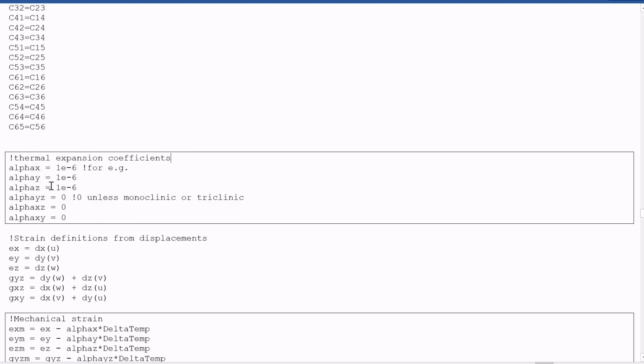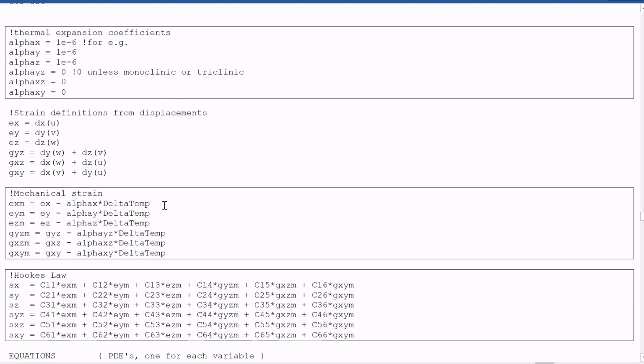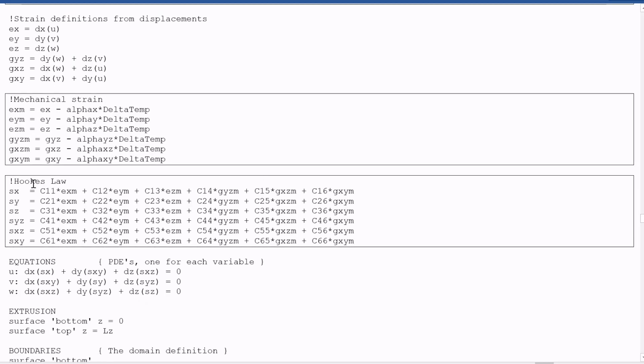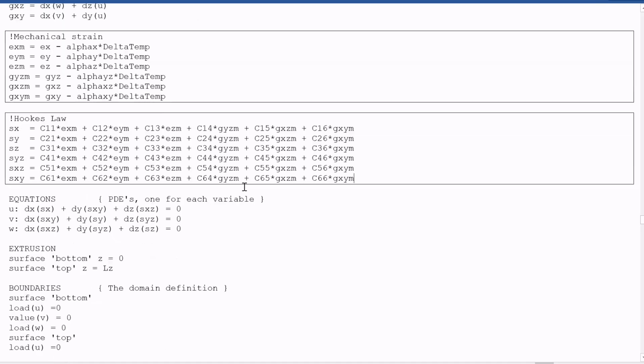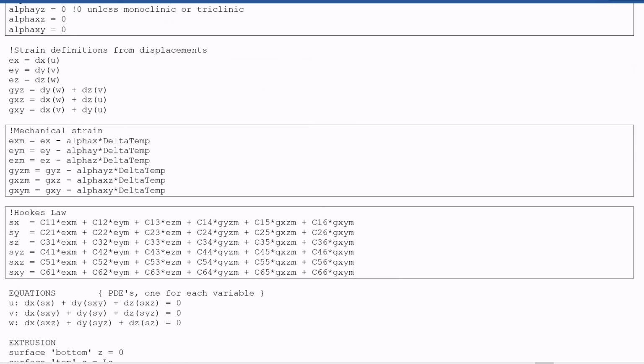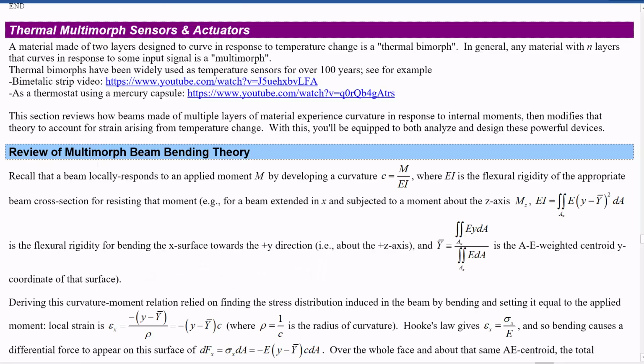So here's our alpha x, y, z, and y, z, x, z, x, y. Then we can incorporate that into changing the strain in all the different directions, just like we did in X, Y, and Z earlier, but now allowing that to possibly have a thermal shear component. And then we write the Hooke's law terms in terms of the mechanical strain instead of just the total strain. So this might come in handy if you need to deal with that.